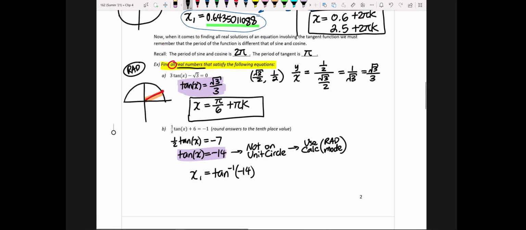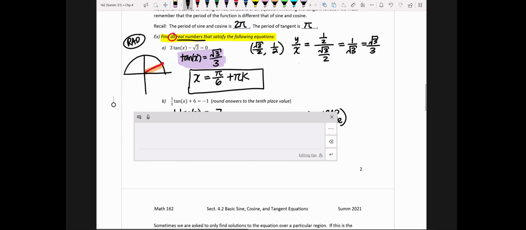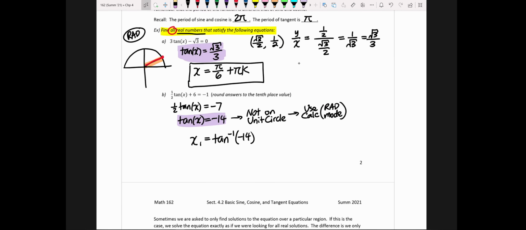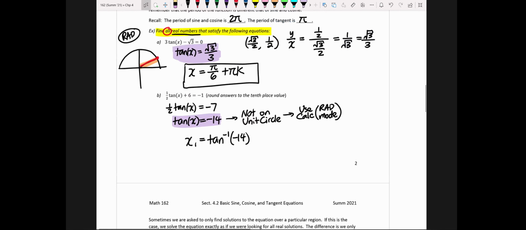Okay, so Jacob, do you remember what is the restriction for inverse tangent? Is it 0 to pi? No, so inverse cosine is between 0 and pi.